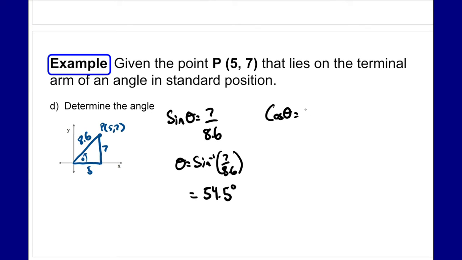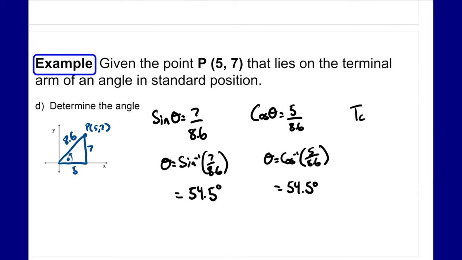Now if I go through and do the same for all the other ones, cosine theta equals, not 7 because now it's adjacent, so 5 over 8.6. Cosine inverse of 5 over 8.6, we end up with 54.5 degrees. And then finally, tan theta, opposite over adjacent, so 7 over 5.